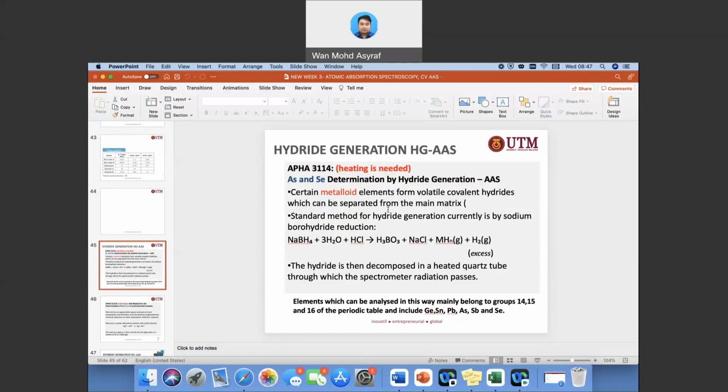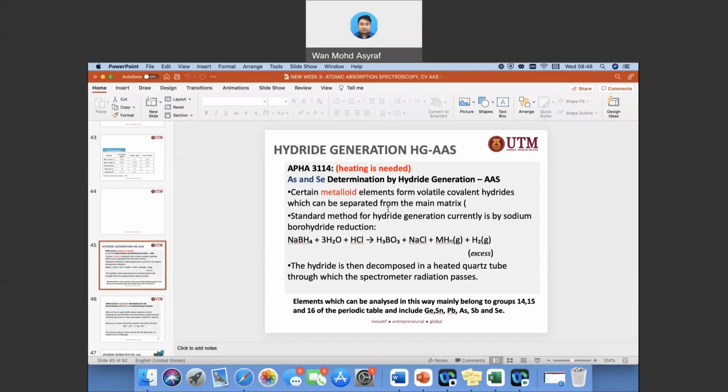So there are certain metalloids that can form volatile covalent hydrides. It means that your analyte, your metal, is volatile when it is in a hydride form. Therefore, when it is volatile, it is much easier for us to separate it from the main matrix.